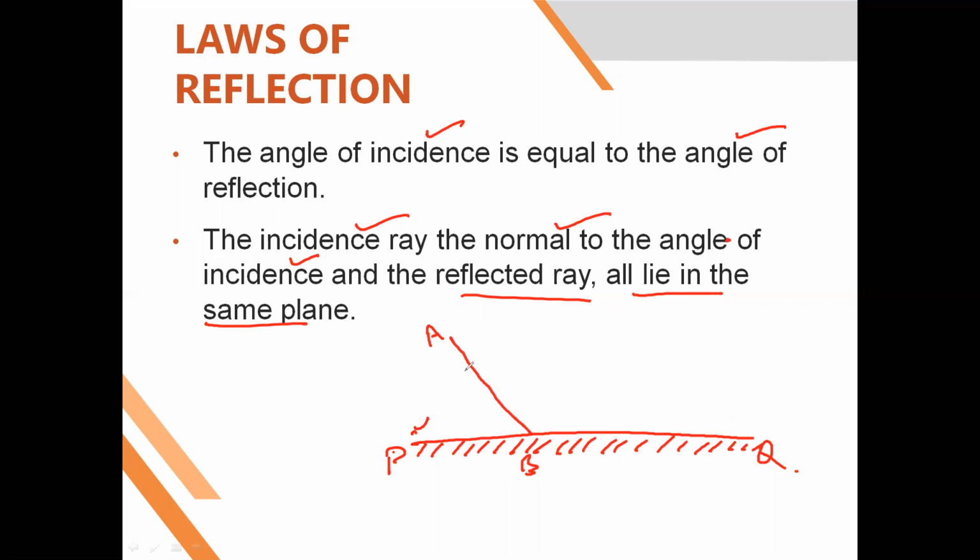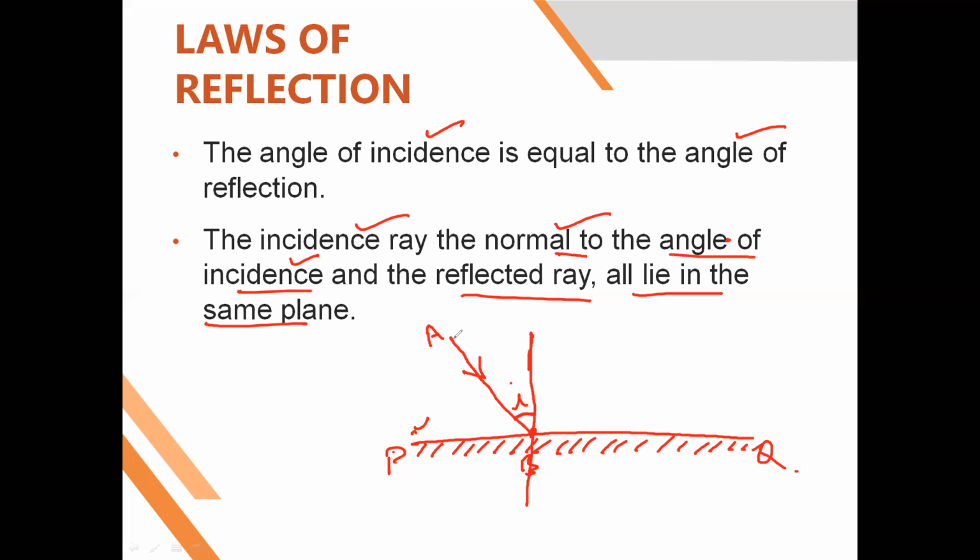This is the ray of light which is incident on the surface, so we call it the incident ray. At the point where this incident ray strikes, we draw a 90 degree line, which is known as the normal to the angle of incidence, because the angle of incidence is this angle. So we call it the normal.